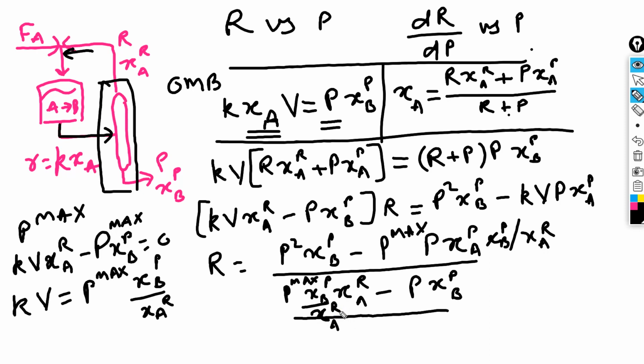This XAR cancels. You can see this and this cancel. Also XBP cancels out.